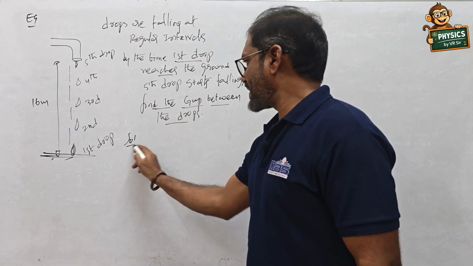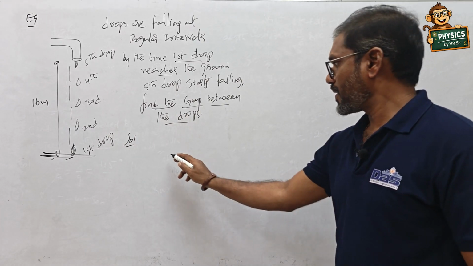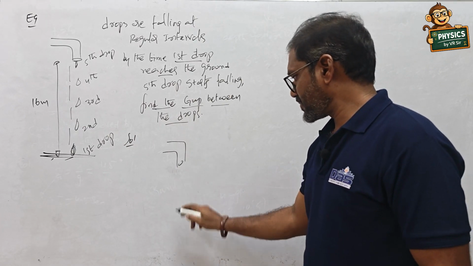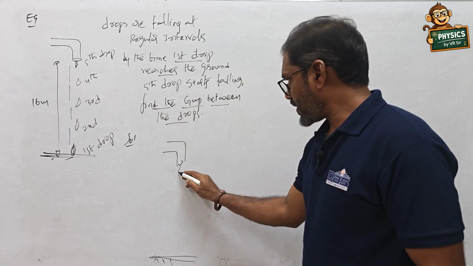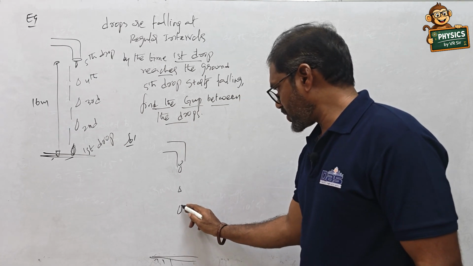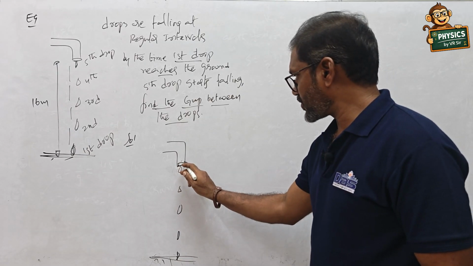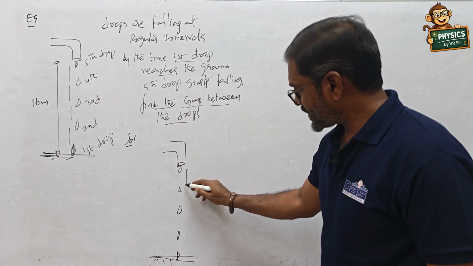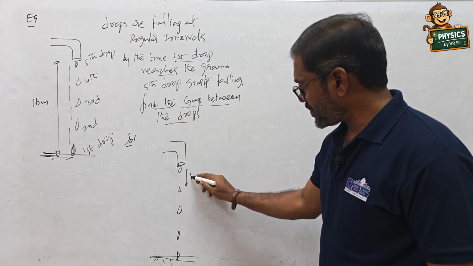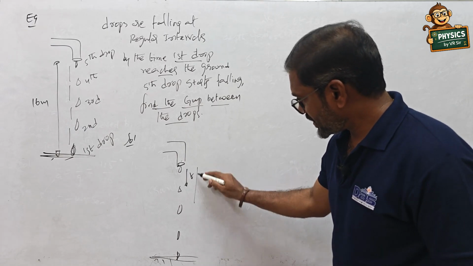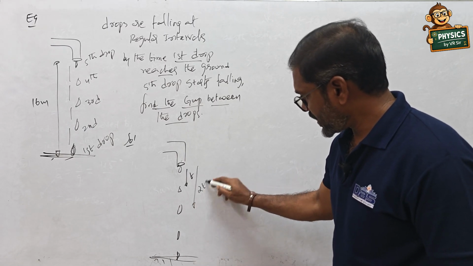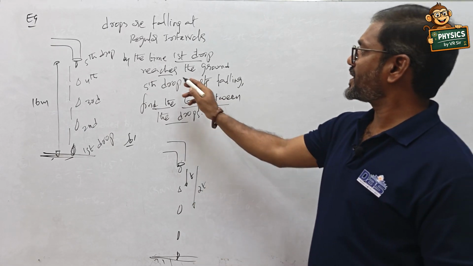Now how can you solve this? Let's take it. Again I want to redraw this. Here is the ground, and here are drop 1, drop 2, drop 3, drop 4, and the fifth drop. If this is the time t, then this is 2t, because of regular intervals.